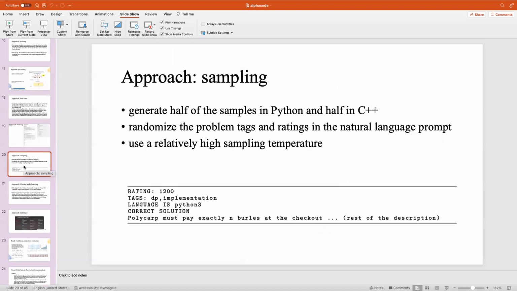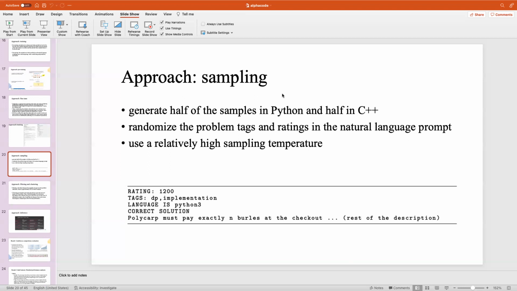During inference, when given a problem, the AlphaCode model will first generate about 1 million samples. All these samples could be candidate solutions to the problem, and those samples are generated half in Python and half in C++.